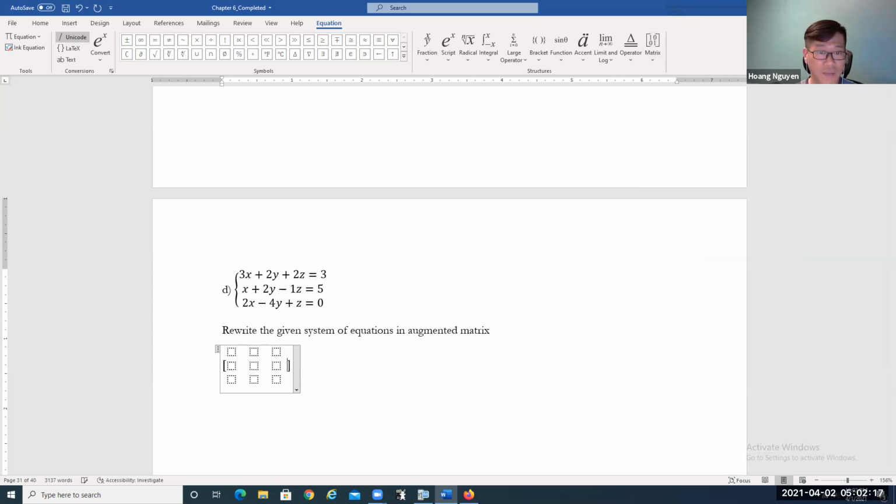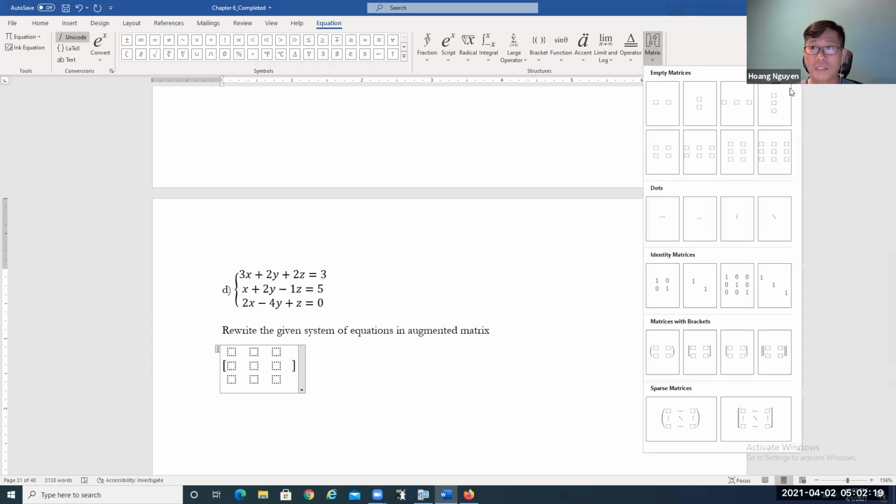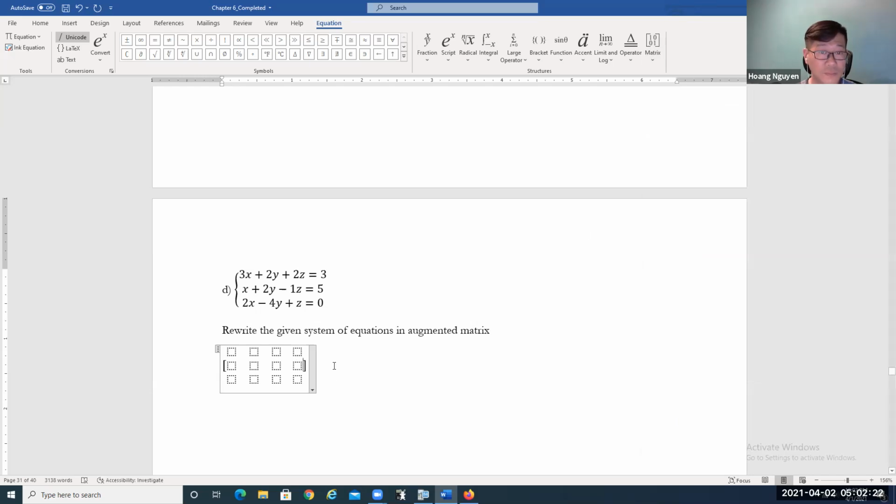Okay, so let me add another column. So it's going to be 3, 2, 2, and 3. Move on to the next one: 1, 2, negative 1, and 5. And go down to the next one: 2, negative 4, 1, and 0.